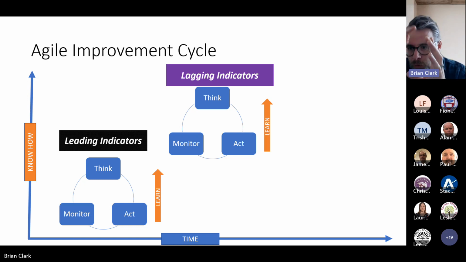Think, act, do the work, do the learning. So at the end of each of those cycles, we should expect to see some improvement somewhere, with our learners, with our staff, whatever group it is that we are dealing with. So can we spend some time thinking about, in my improvement project, what would our leading and lagging indicators look like over more than one cycle?